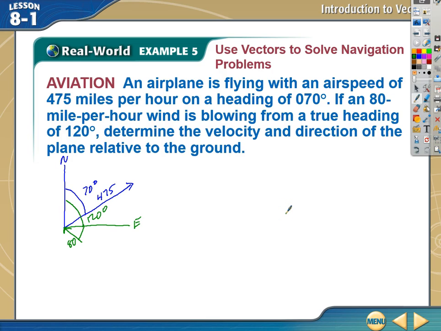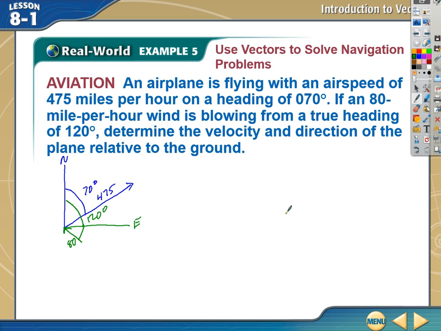Okay, and it's going to ask me, determine the velocity and direction of the plane relative to the ground. So, what does that mean? It means my resultant vector.